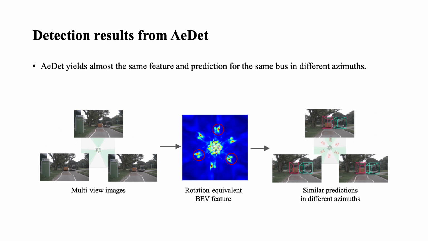We show the BEV features and prediction from AeDet. AeDet used almost the same feature and prediction for the same cars in different azimuths.